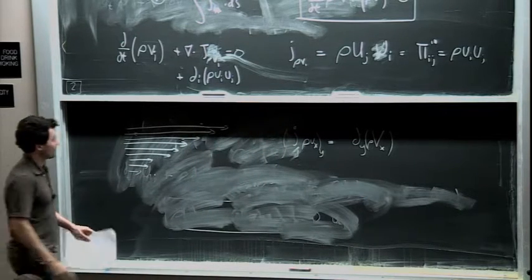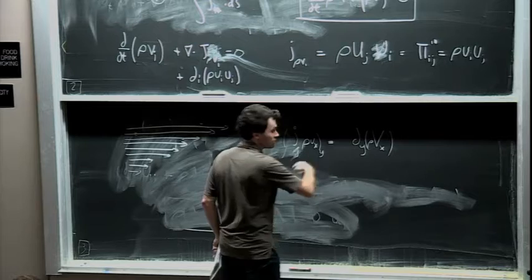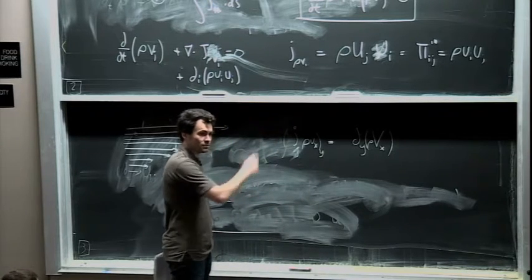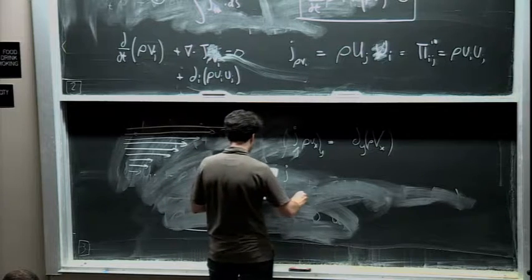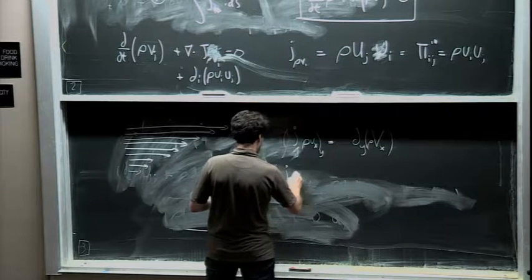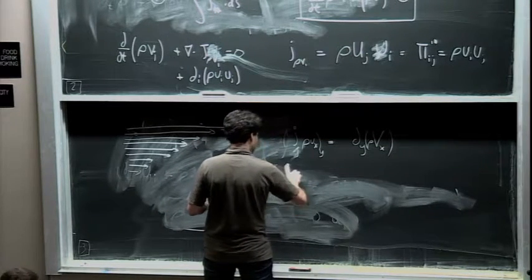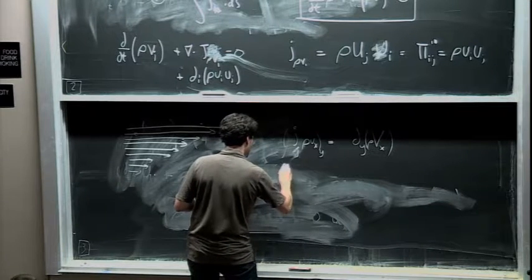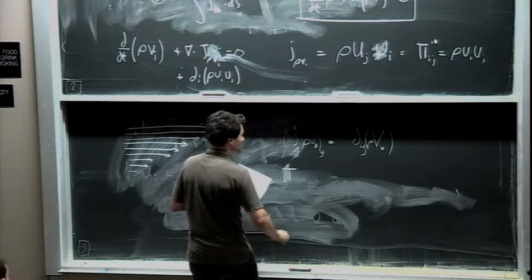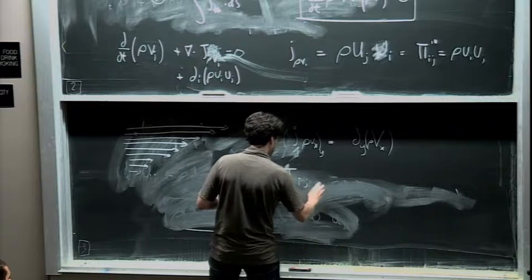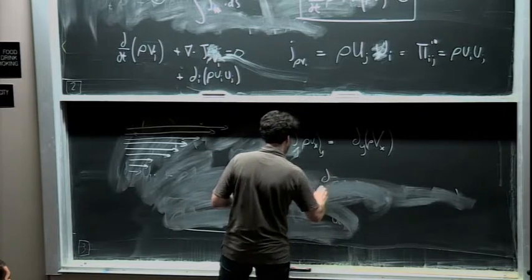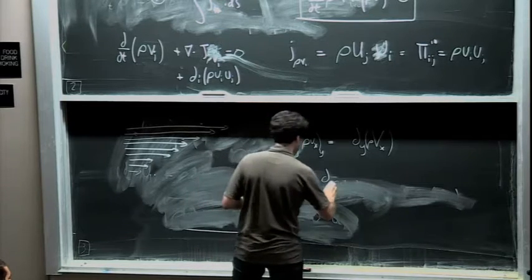Now if we generalize this and add it to our current, we're going to have to add a term to our momentum balance, which looks like a derivative of the velocity.